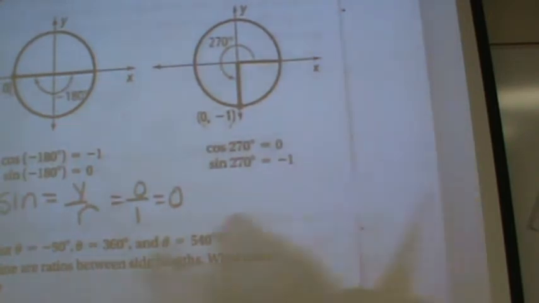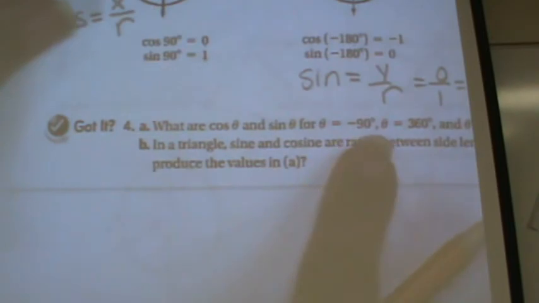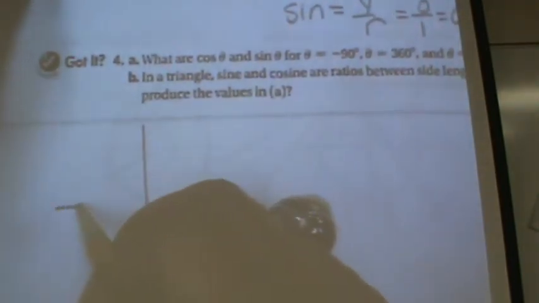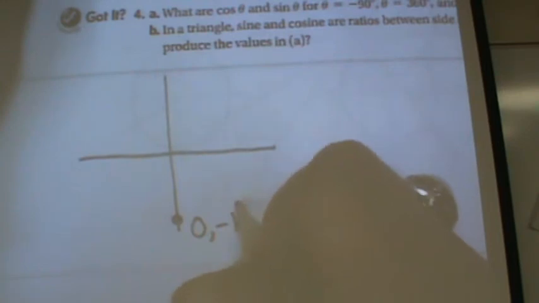Okay, now I want you to do this. What's the cosine and sine for negative 90 degrees? Well, where's negative 90 degrees? It's right here. What ordered pair is that? 0, -1. So what's the sine of -90?